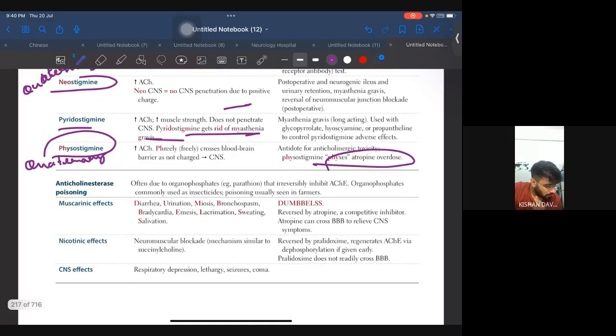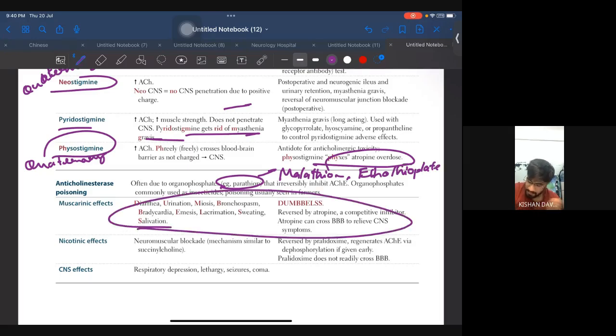Okay. Moving on to anticholinergic poisoning. Now see, here they have given parathion, that is one. But another thing that can be given is malathion, echothiophate. You have to remember this. Of course, you have to remember this.